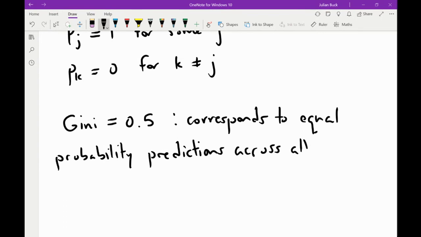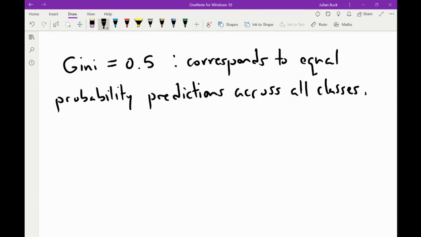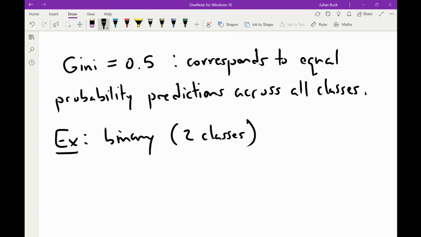So in other words, you're not making very confident predictions, right? You kind of just don't know. You're throwing your hands up and saying, it's equally likely. We're predicting it's equally likely to be in any of the classes. Now, this is something else you can check mathematically, but let me just, to wrap things up, show you in a binary example. So in binary classification, we can actually compute that we can see that this is the case. But the same thing generalizes to multinomial.